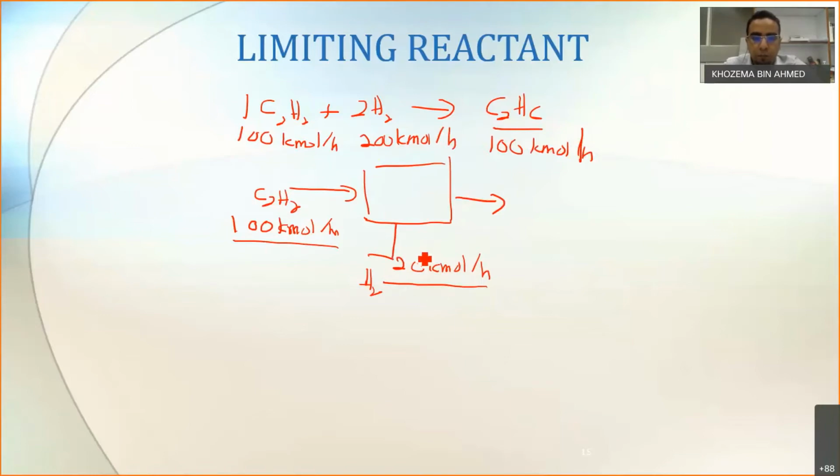Comparing this 20 kilomole with the 200 kilomole that I need, it is not enough. So in this situation, hydrogen is my limiting reactant, and acetylene is my excess. So you have to compare whatever you have with the maximum amount needed based on your stoichiometric reaction. That is how you find out your limiting reactant.